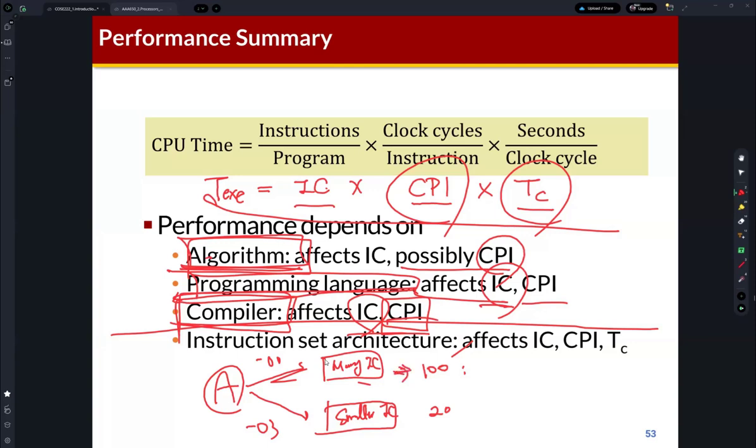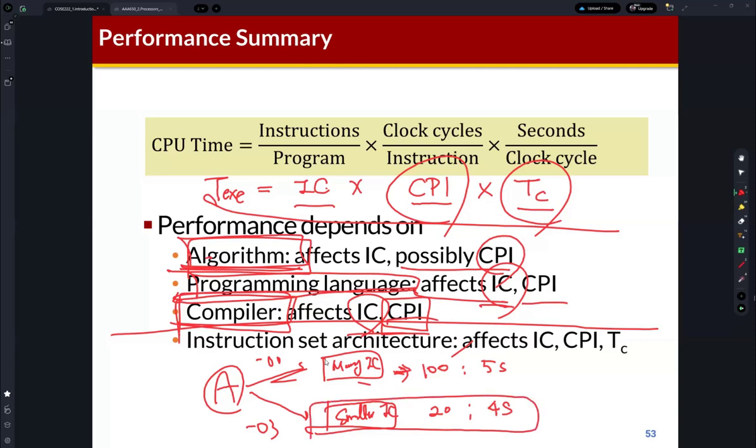This is just an assumption. Let us assume this binary takes 5 seconds, and this one maybe 4 seconds.